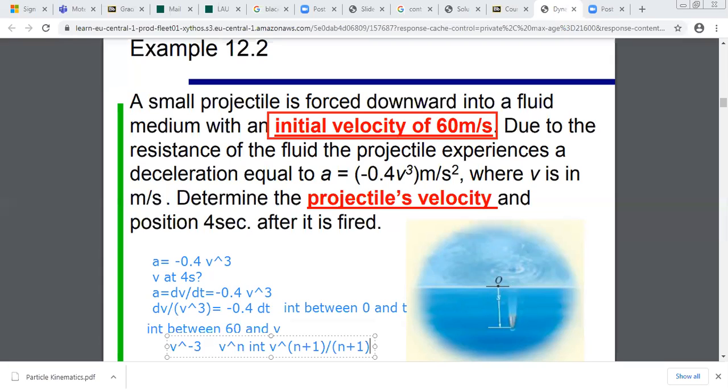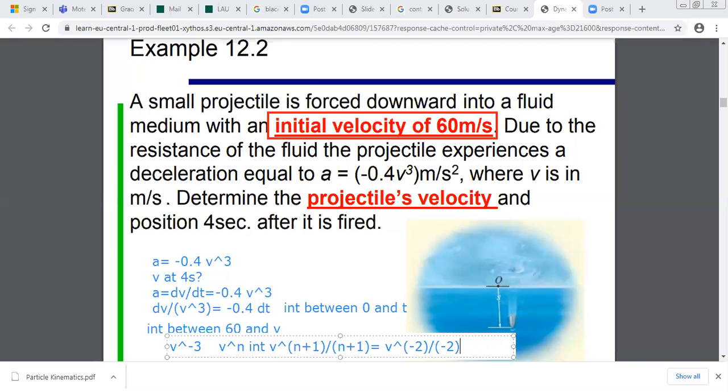So here, n is minus 3. If I apply this formula for n equals minus 3, I get that the integration of v to the minus 3 is equal to v to the power minus 2 divided by minus 2.